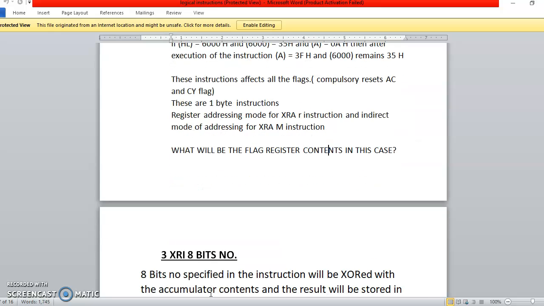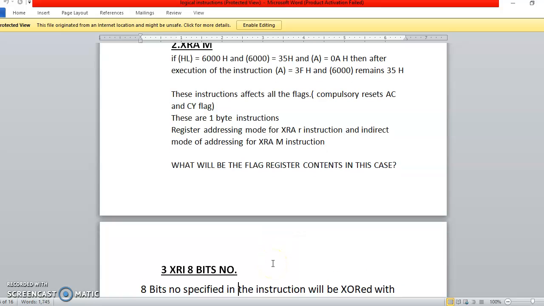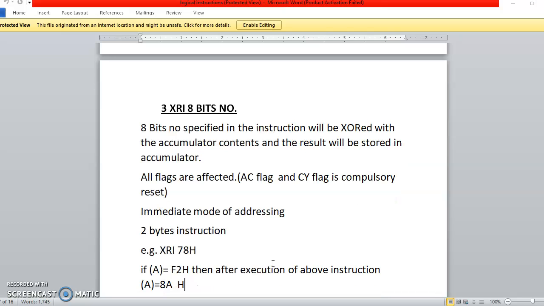Similarly, XRA M: the memory contents will be XORed with the accumulator contents. So find out what the XOR operation gives when the memory contents are 35 and A contents are 0A. What will be the contents of the accumulator? Just find out. XRI instruction: when I want to XOR an 8-bit number with the accumulator, I will use the XRI instruction. Whatever number is specified in the instruction will be XORed with the accumulator.